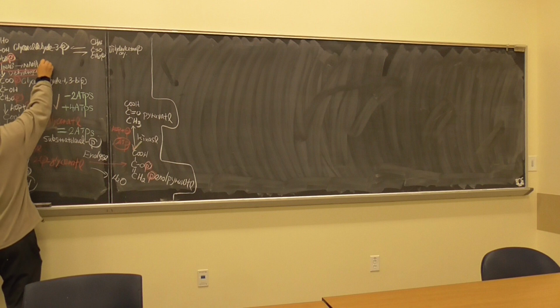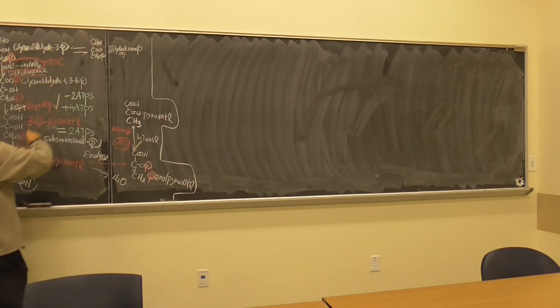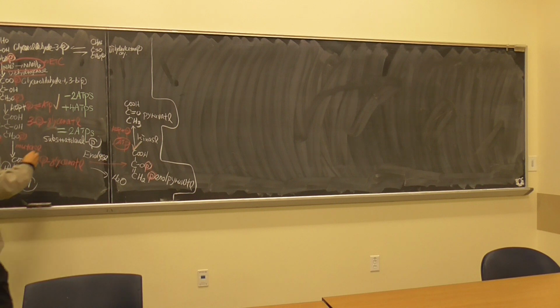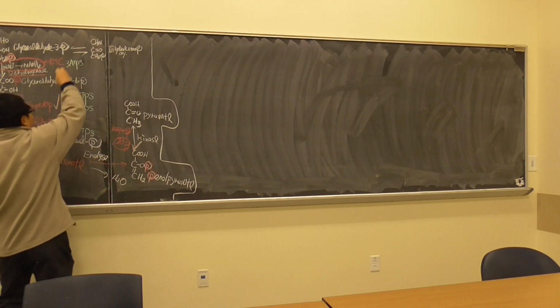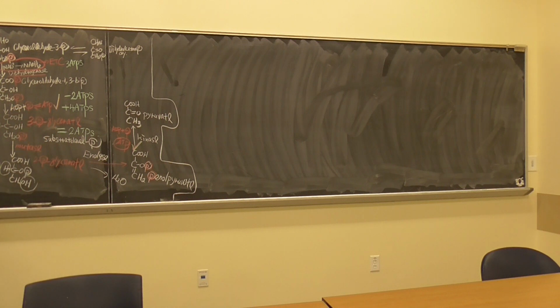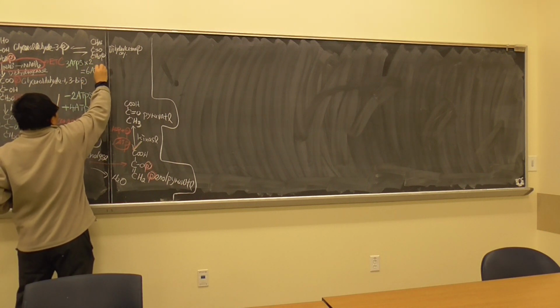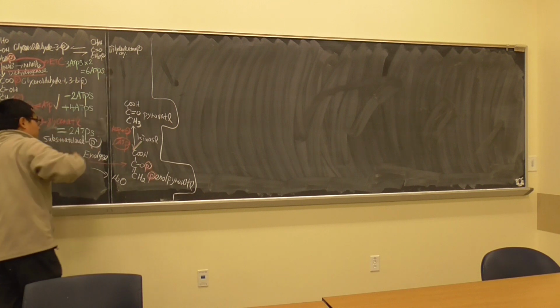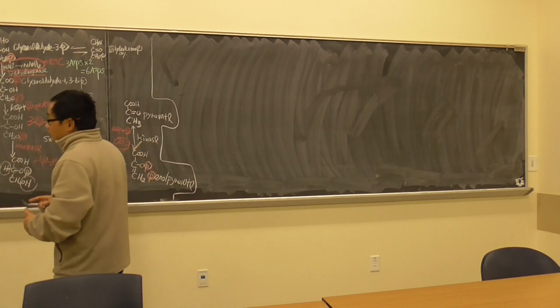This will go through the electron transport chain. So there are actually 3 ATPs generated there. And we have 2 of them, so multiply by 2, that equals 6 ATPs.